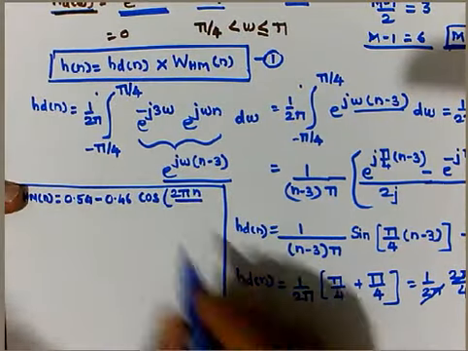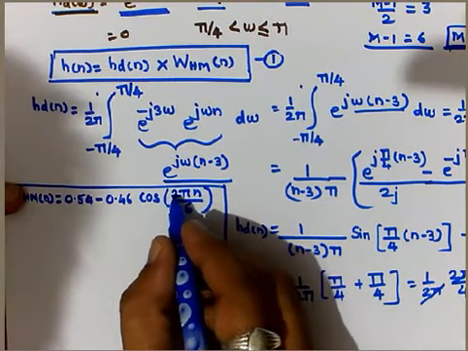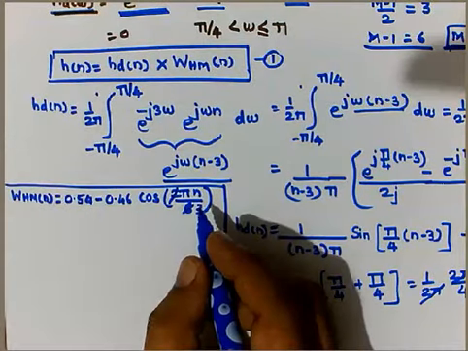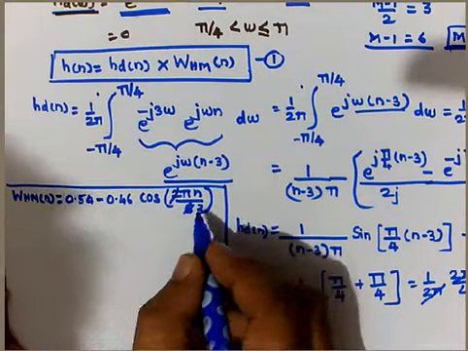So m is 7, so it will be 2 pi n by 6. So this is reduced to the value n pi by 3.